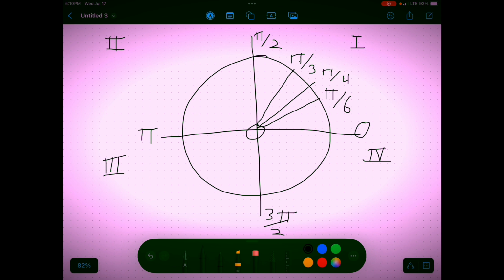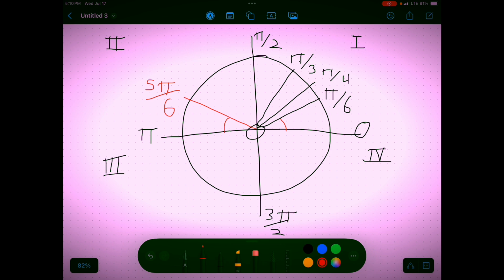Before I go to what the values are, because I'm going to have to draw these on a separate angle, I just want to illustrate how I would actually work with some other angle. So let's say hypothetically I had an angle that was, let's call it 5 pi over 6. That's going to be here. What I would do is I would note that the angle from here to here is the same as the angle from here to here, except reversed.